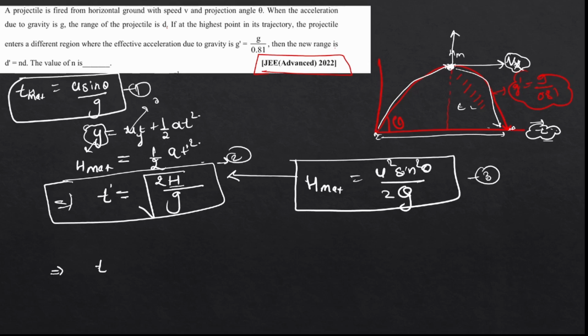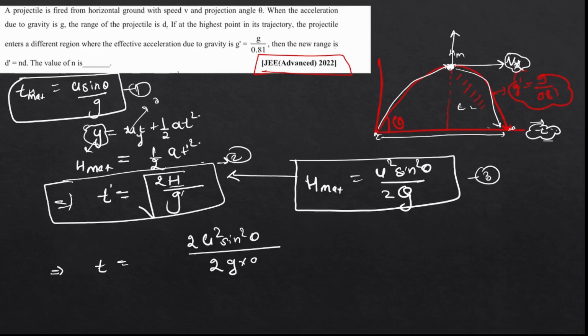What will we get? 2u square into, this is g dash by the way, sorry, this is g dash, into g dash under the root, right? From here t dash would be equal to this. Yeah, so this would be the value of t dash.